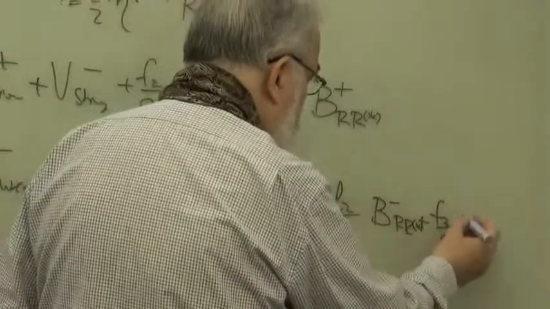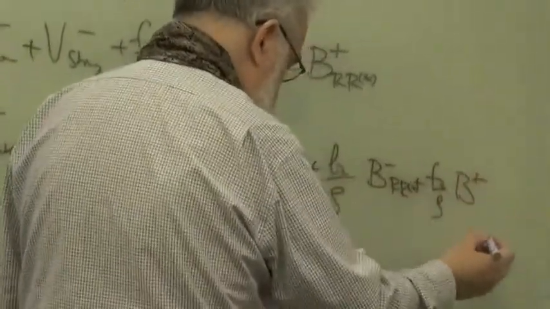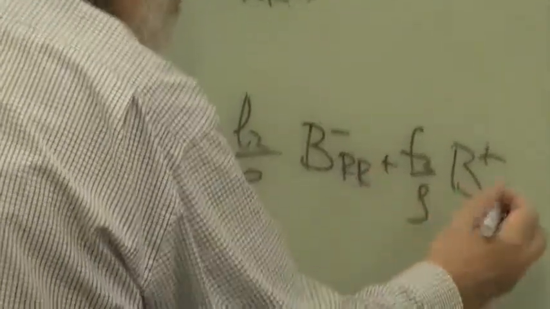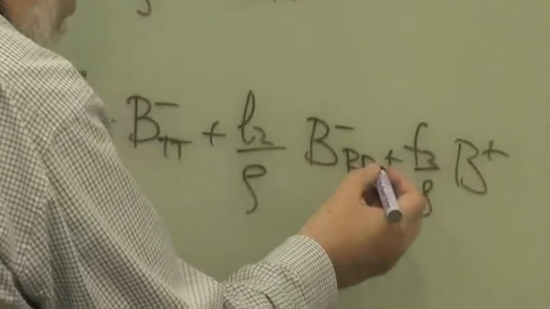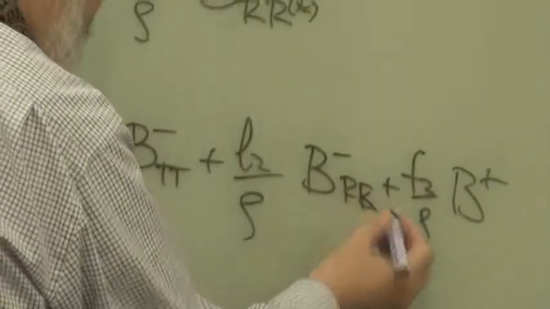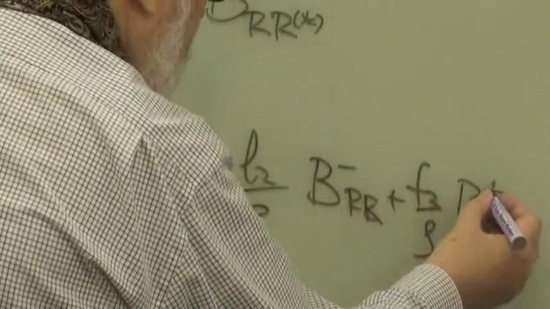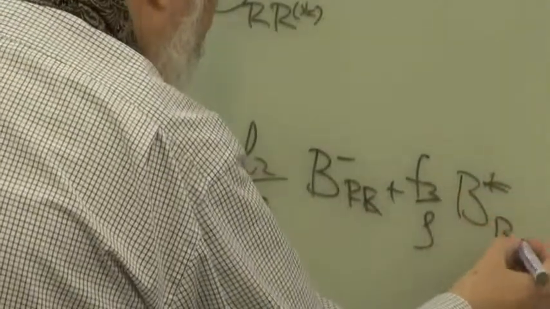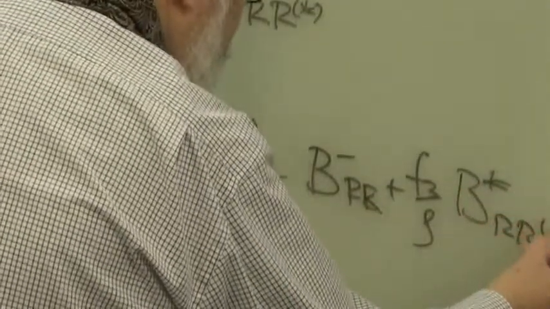No, the Hodge star comes to the last term, sorry. This is B minus R, this is correct, and this is B plus R Hodge star. So this is our total Lagrangian.